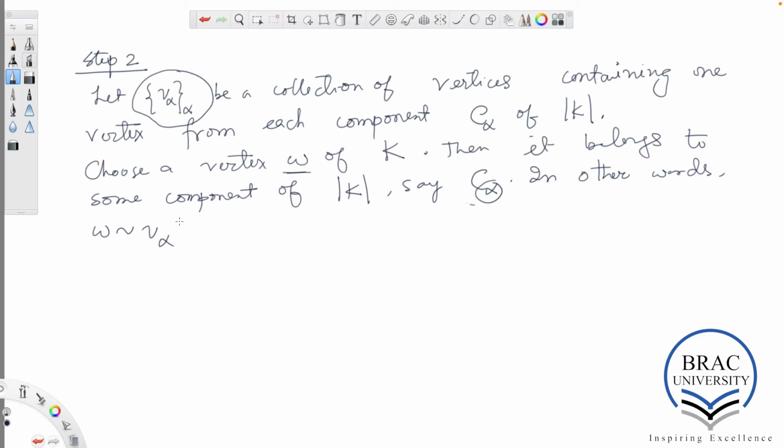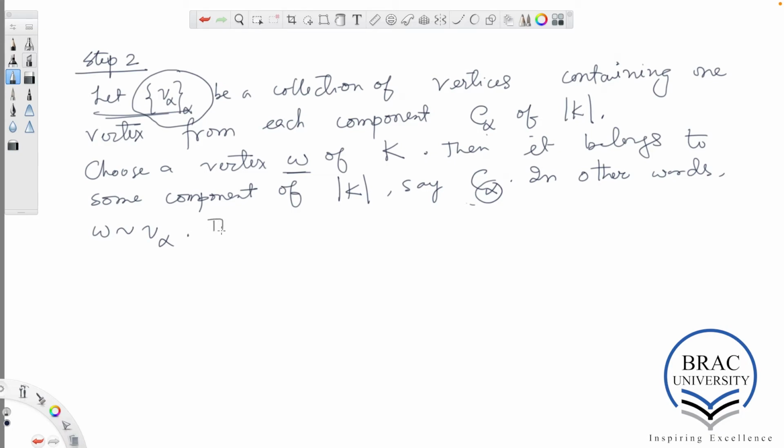All right. So C sub alpha is defined with respect to the vertex V sub alpha. Here we have denoted the component C alpha with the vertex V alpha that is contained there. Okay. So W is equivalent to V sub alpha.